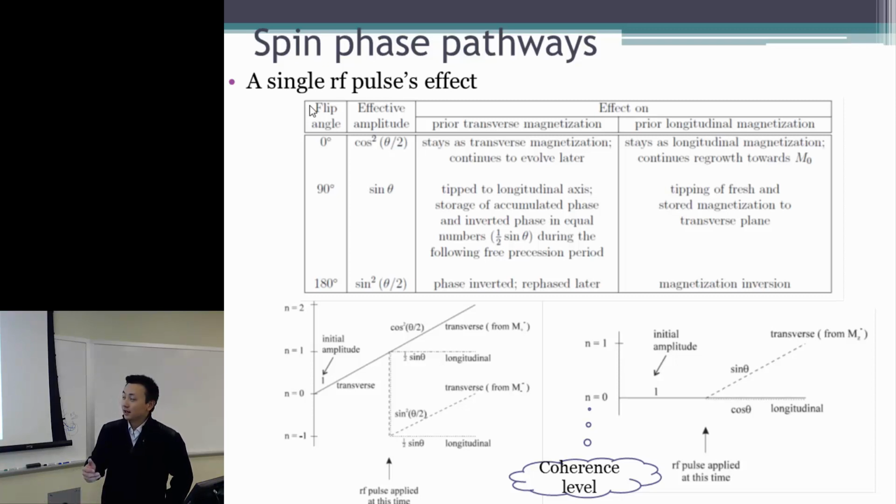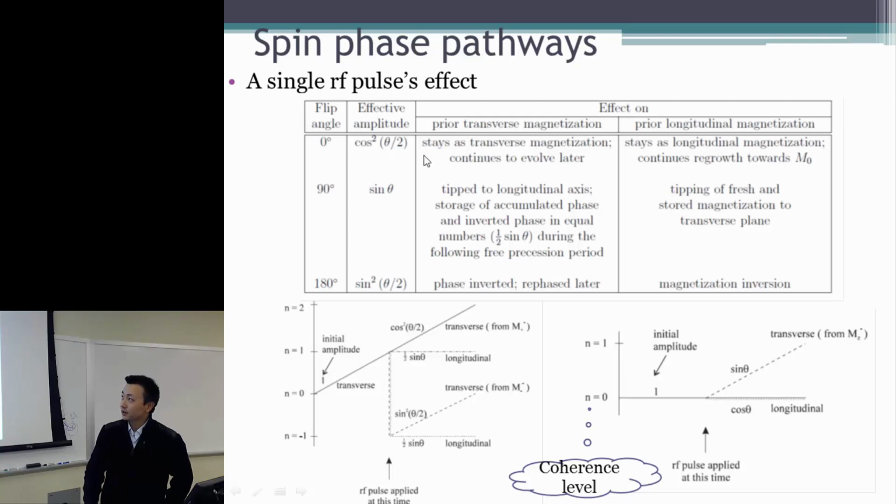But actually, from the microscopic point of view, each spin, each water molecule, is receiving energy from the RF pulse. It has either accepted the energy or not, right? So microscopically, we can consider that this RF pulse has different effects on different spins.